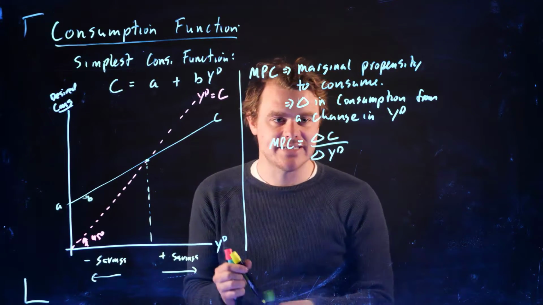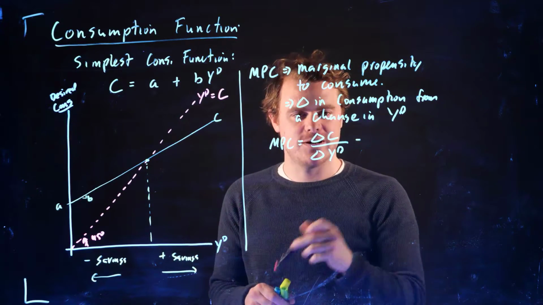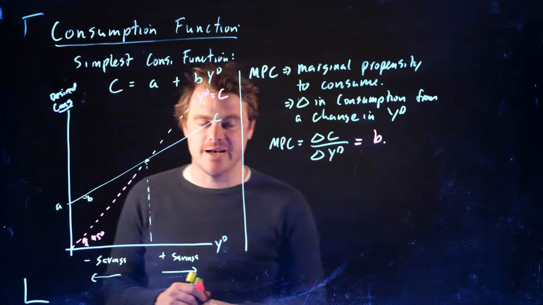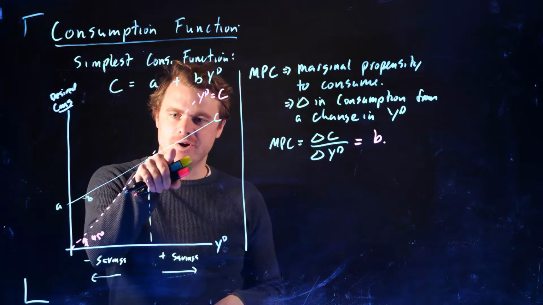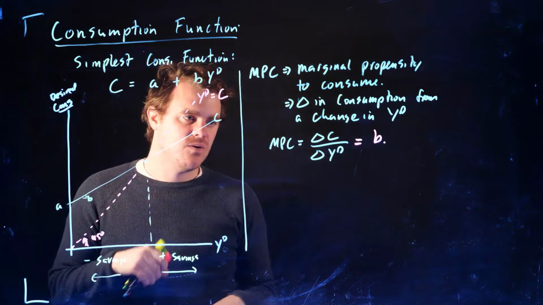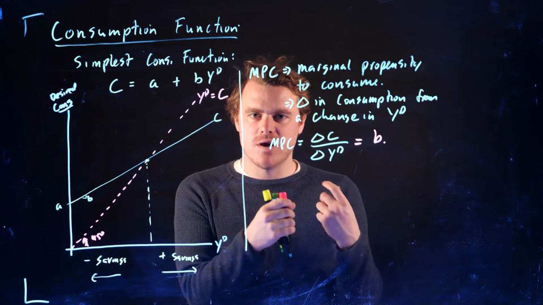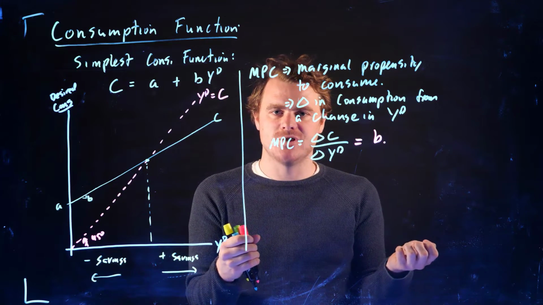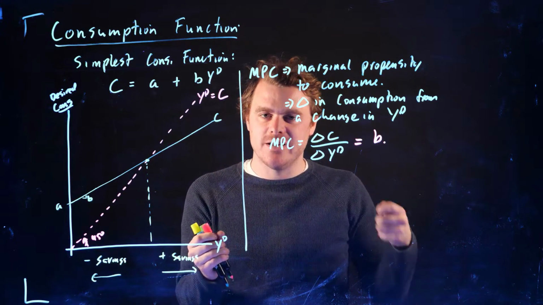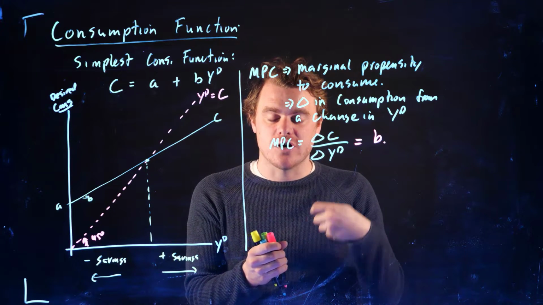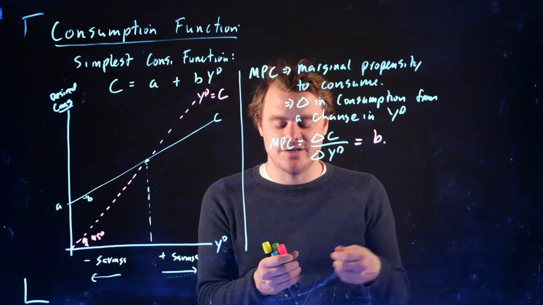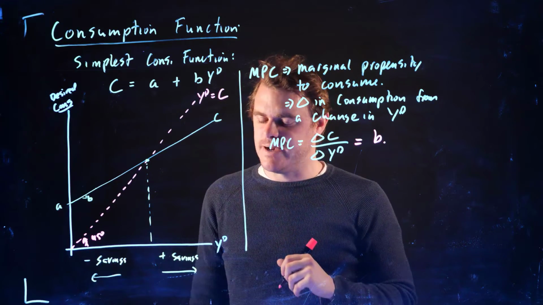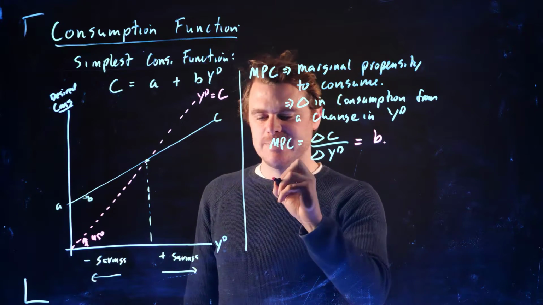And that's exactly what B is telling us, right? That's what the slope is telling us. If our disposable income goes up by $1, we're going to save some of that and spend some of that in consumption. The marginal propensity to consume is telling you how much of that dollar you're going to spend on consumption expenditure. So it's the slope of our consumption function. So it needs to be less than 1.